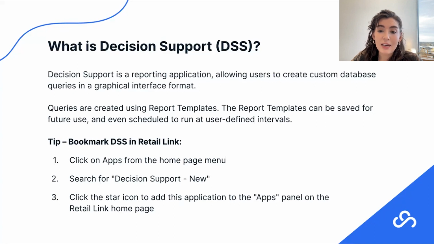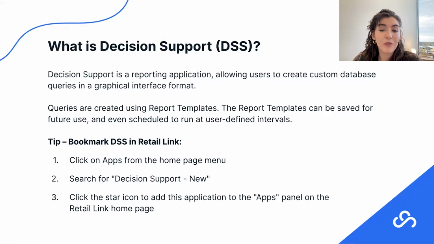And again, this is living inside of DSS. We'll talk about the differences and similarities of DSS to Luminate, but Luminate is its own portal and is not living within Retail Link at this time.